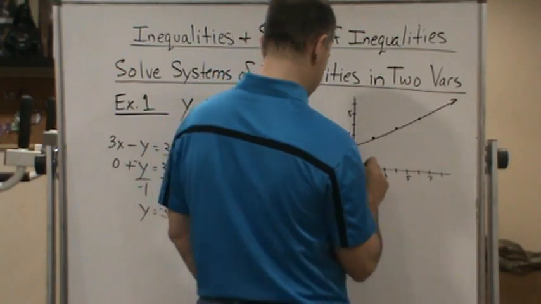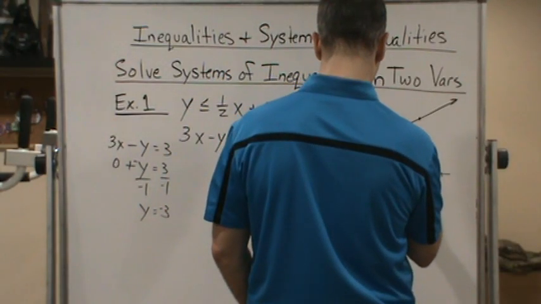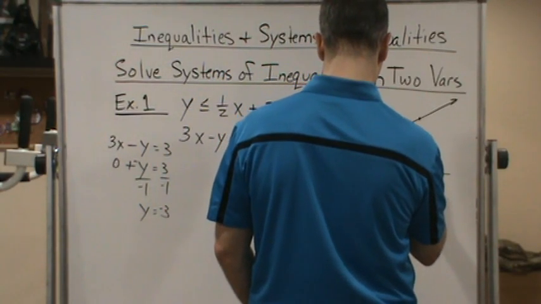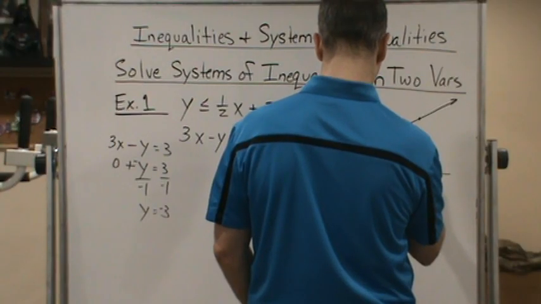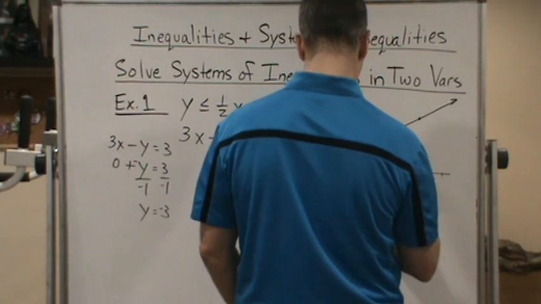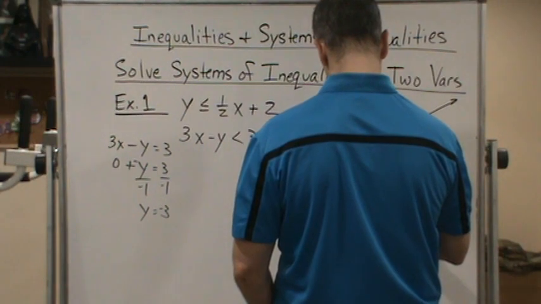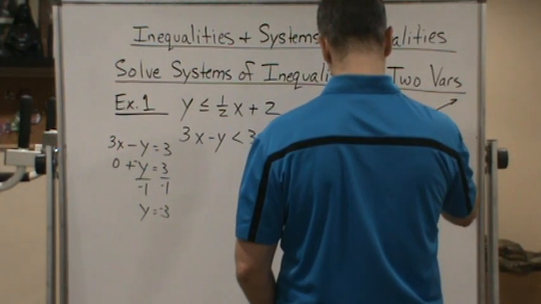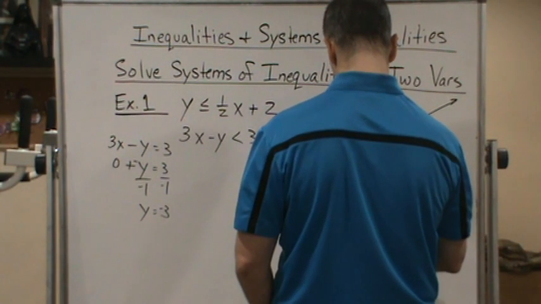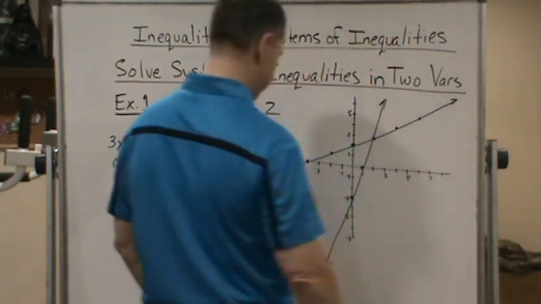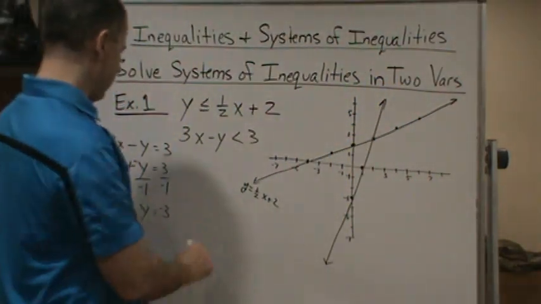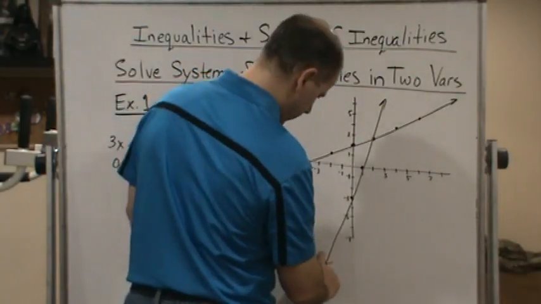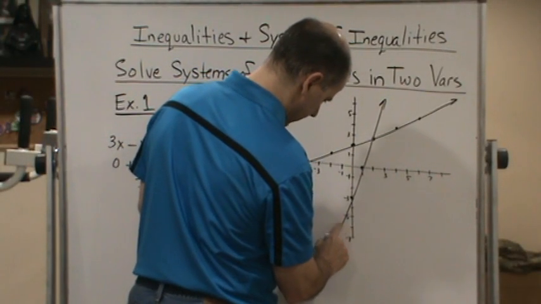So if we go 1, 2, 3, 1, we get something that does that. Now this is a strict inequality, so this is going to be dotted.